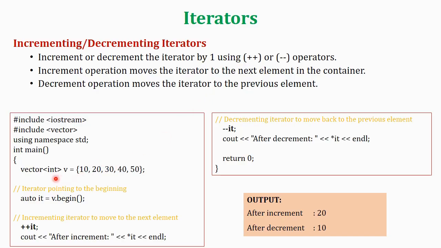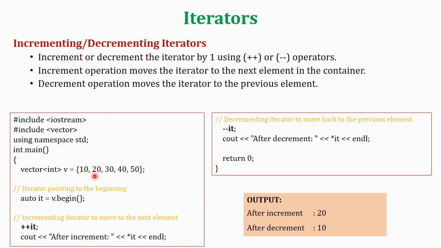We will see one example. Vector v equals a collection of elements. Then it equals v dot begin. So now the pointer is starting from the first element. So now plus plus it means what? Already the control is here. Plus plus means automatically the control is moved by one position. So what is the result now? 20. Then minus minus means what?